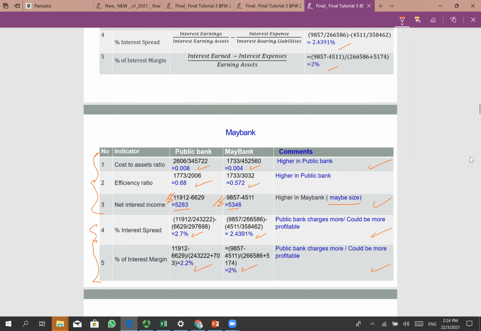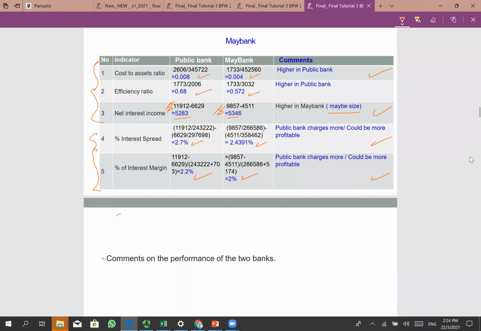So the take home from here is financial ratios as numbers are not enough to conclude results about bank performance.